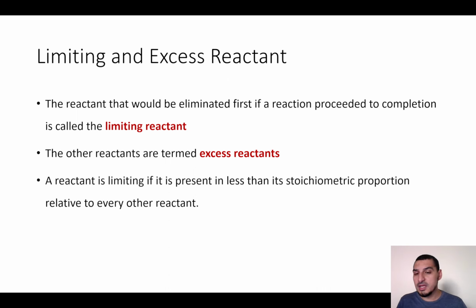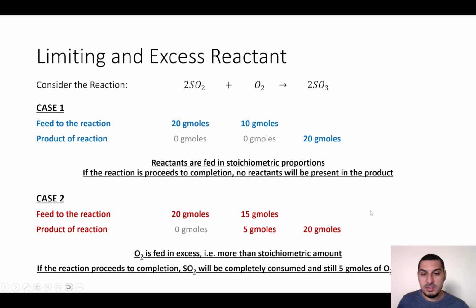Or the limiting reactant can be defined as the reactant that's present in less than stoichiometric proportions relative to the other reactant. So again, if we go back to this example, if all the oxygen were to be consumed, then we would need 30 gram moles. So this is less than the stoichiometric amount, or this is more than the stoichiometric amount, depending on which one you are taking as the basis.